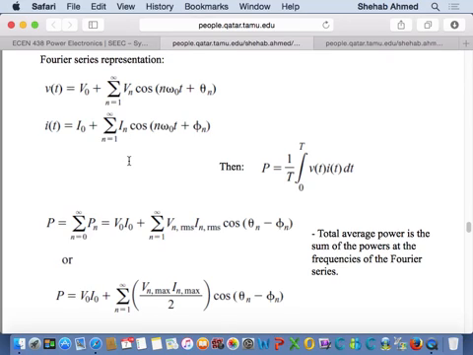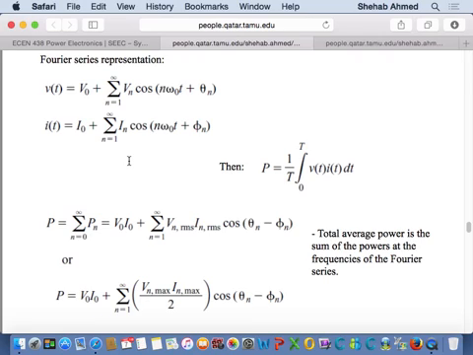How about if I have waveforms that are different frequencies? If I have voltage at 50 hertz and then current at 60 hertz, is the multiplication of this going to provide some average power? Two different frequencies. Think of it in an easier way. Think of a waveform where you have a DC component and a 50 hertz component.